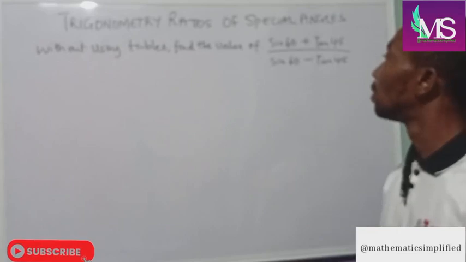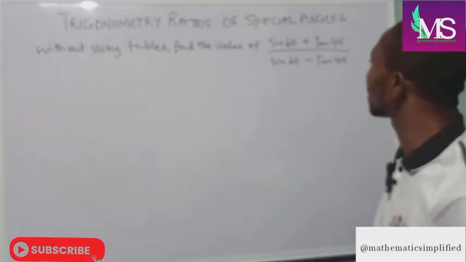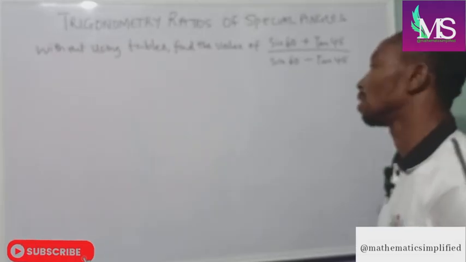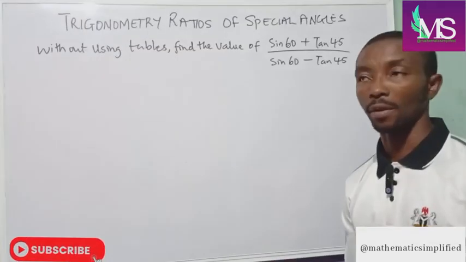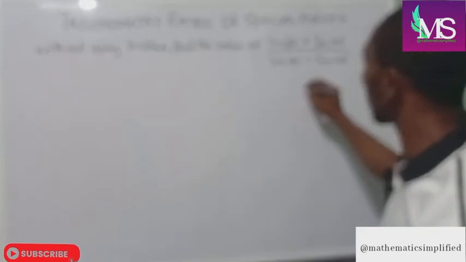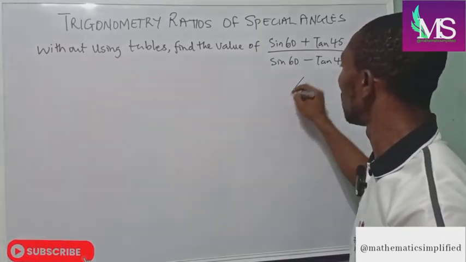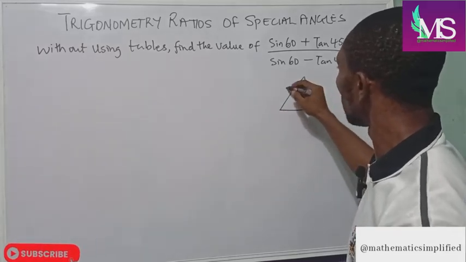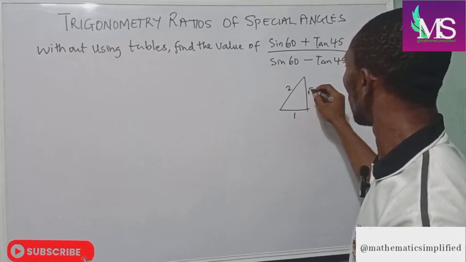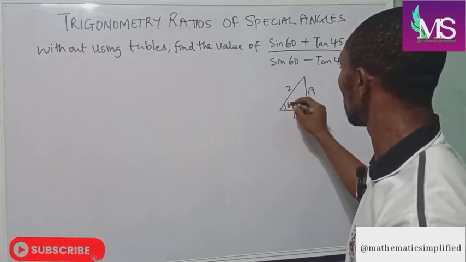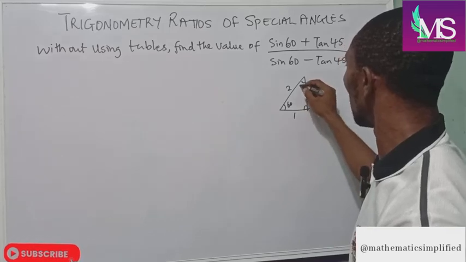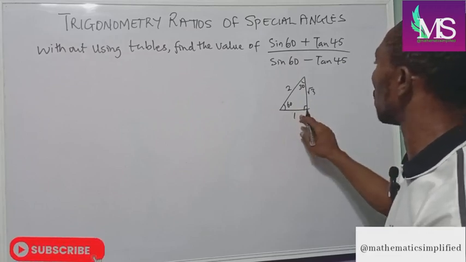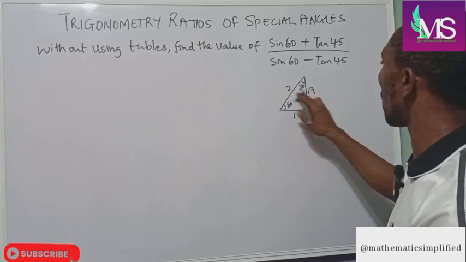Without using table, find the value of sine 60 plus tan 45 divided by sine 60 minus tan 45. Now we have to calculate our sine 60. This is 2, 1, root 3, 60, and 30. Since we are considering sine 60, it is opposite over hypotenuse.